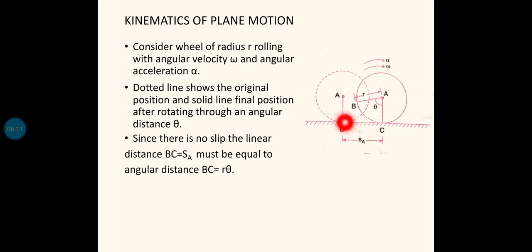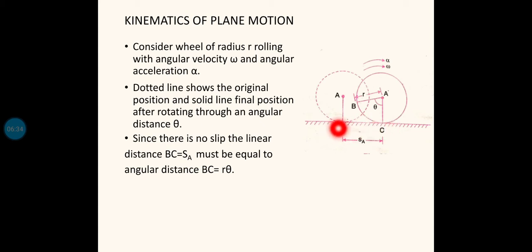Initially the point B is in contact with the floor. Once it moves clockwise, B moves along this curve, and the new position of B is shown here, and another point on the circumference of the wheel, point C, now comes in contact with the floor.